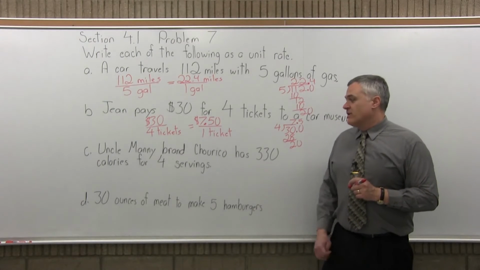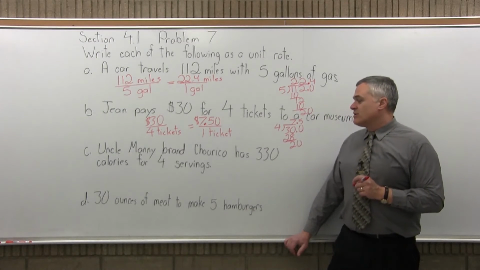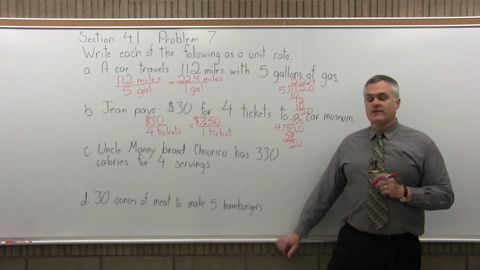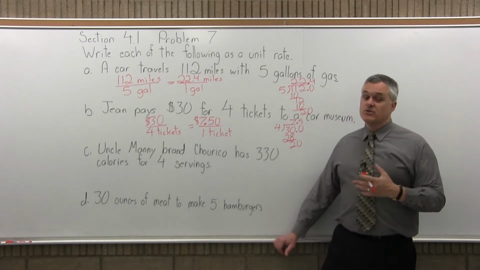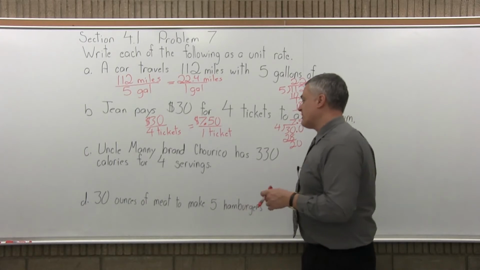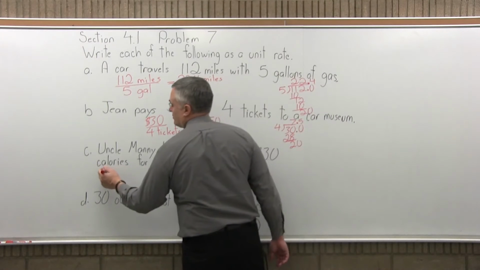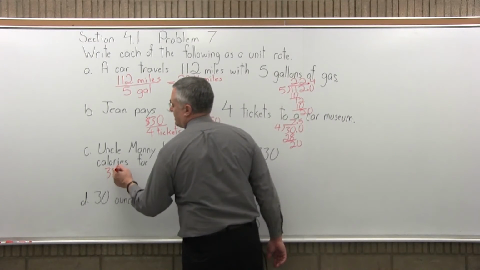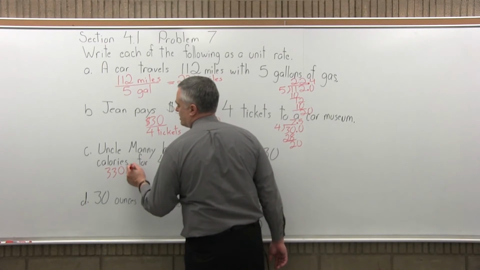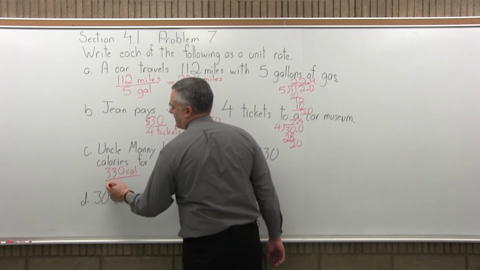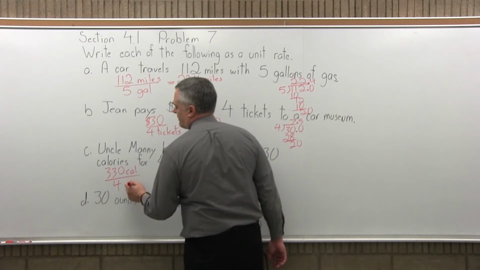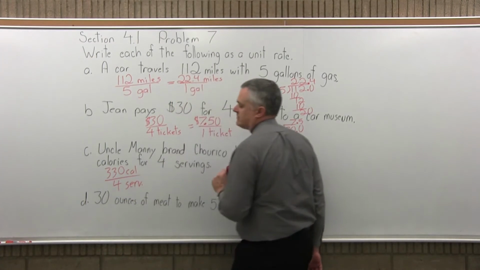Part C, we want a unit rate. Uncle Manny Brand Charisse has 330 calories for 4 servings. So again, unit rate means we want a fraction with the denominator of 1. So the numerator will be 330 calories, which we can abbreviate. And the denominator 4 servings, which again we can abbreviate.